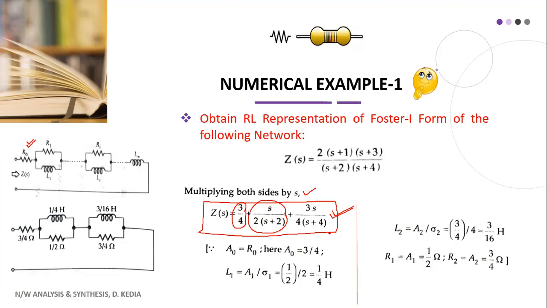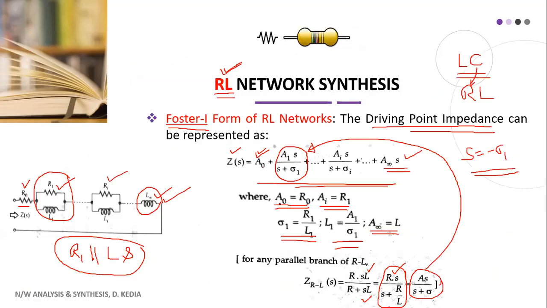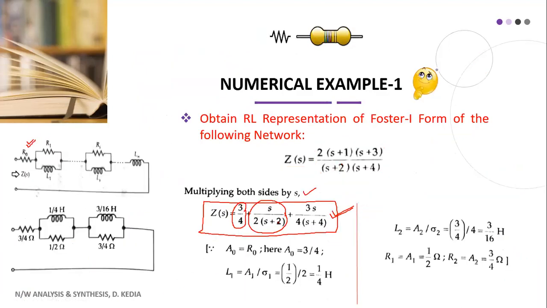Now let us see whether such a form was in Foster 1 or Foster 2. See, in Foster 1, what we had, A1 s by s plus sigma 1. So if you compare, A1 s by s plus sigma 1. So what is A1? A1 is 1 by 2. Okay. So if you compare with that, you find out the corresponding values for your L1 and R1.